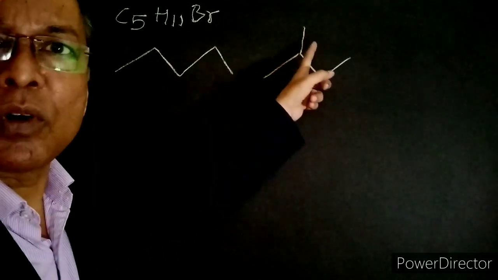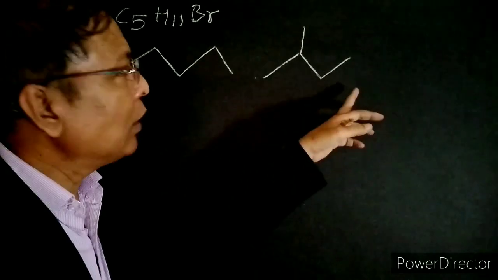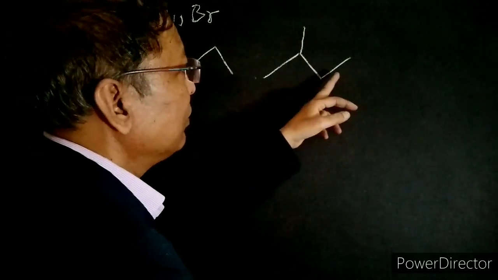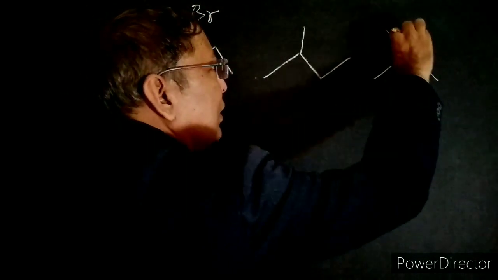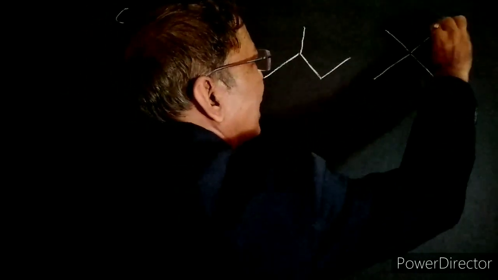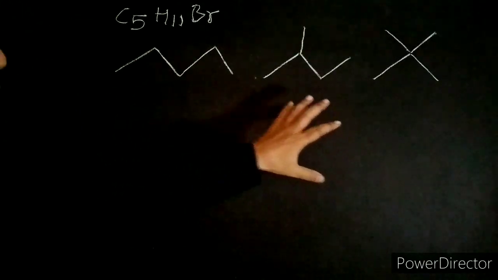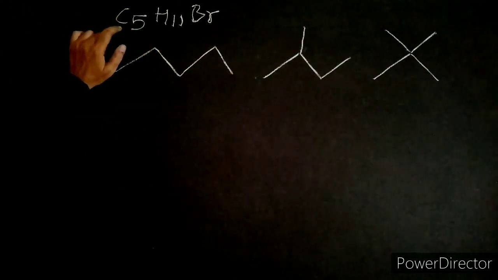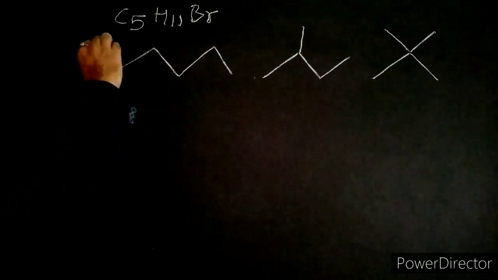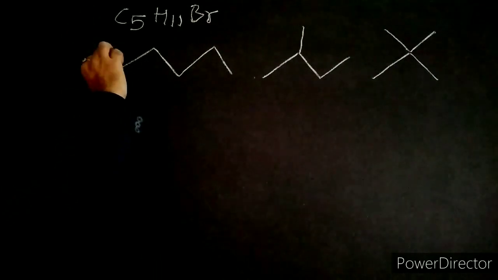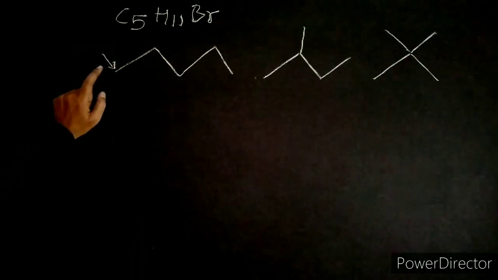For the next skeleton, we again reduce one carbon, so 1 2 3, and make 2 branches. These are the 3 possible skeletons of C5. Now for the 8 isomers: if the hydrogen atom of this carbon atom is replaced by bromine, we get the first isomer.